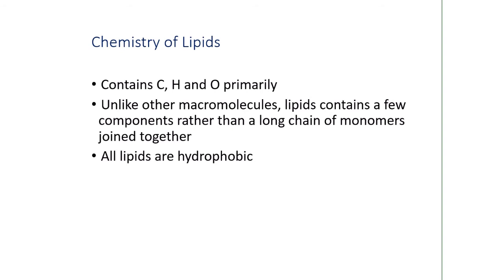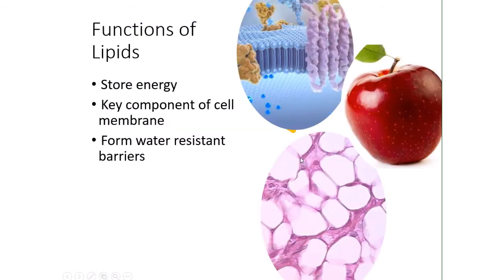And unlike other macromolecules, lipids are not going to be made up of long chains of monomers, but rather we have these special components that we can put together to form the lipids. And I'll show you some examples of that coming up later. All the lipids are hydrophobic, meaning they're not going to be able to dissolve in water, and so there are some ramifications of that. We will discuss that in the slides coming up.